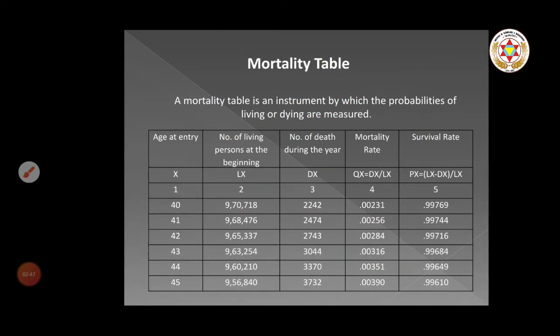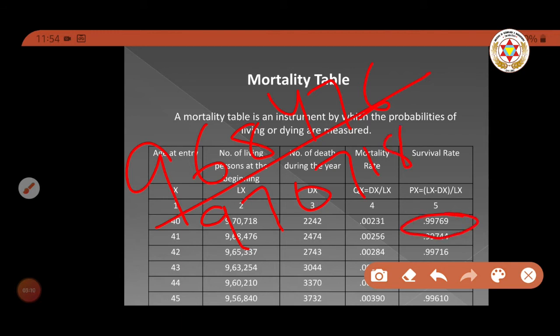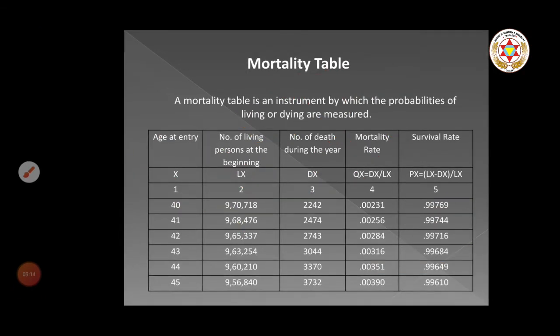If I want to calculate the survival rate, I already deducted 2242 from 9,70,718. It comes to 968476 upon 970718. So as you can see, it comes to 0.99769, right?